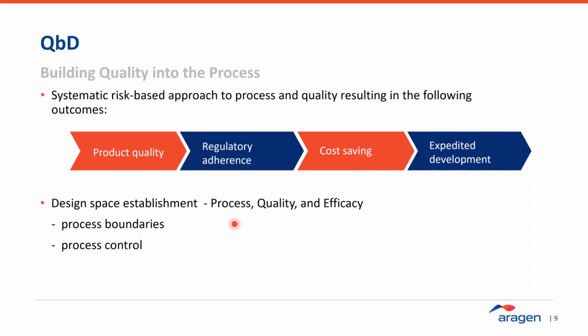Design space is established based on complex relationship between process, quality, and efficacy. We aim to define process boundaries beyond which process fails to produce acceptable products. We also perform process control based on quality risk management, which I'm going to touch upon shortly in the next slide.